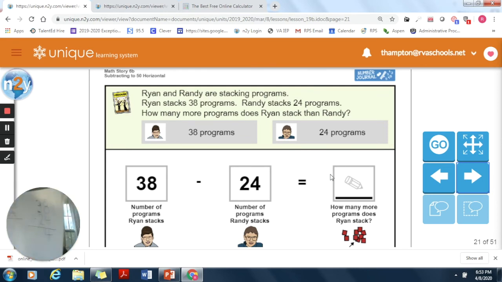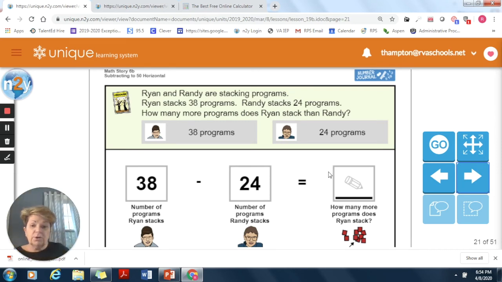If I made 3 dots and I X'd out 2, how many dots do I have left? So 3 minus 2 is 1. Very good. So our answer is that Ryan stacked how many more? 14. He stacked 14 more programs than his friend did.